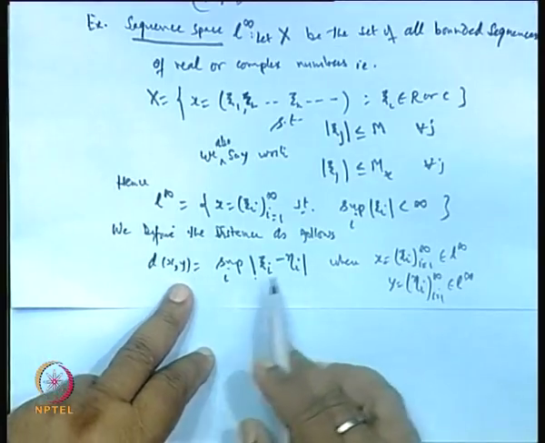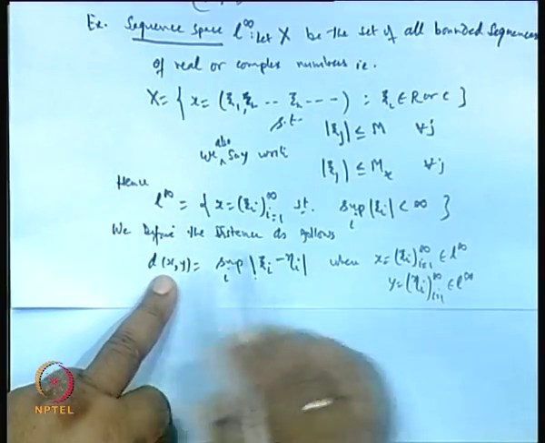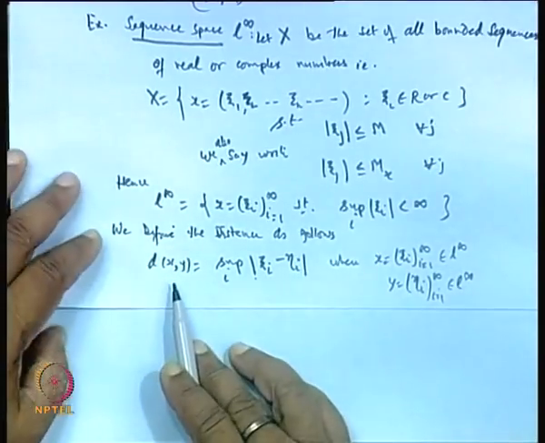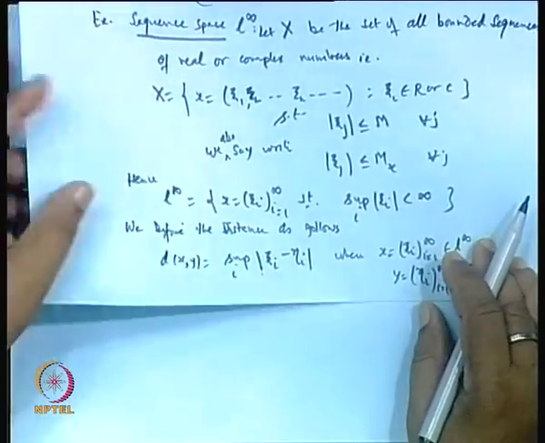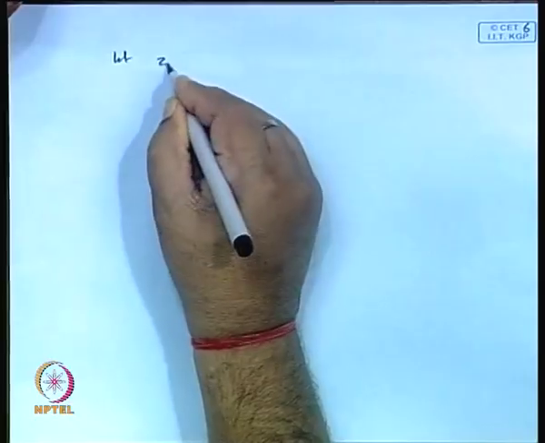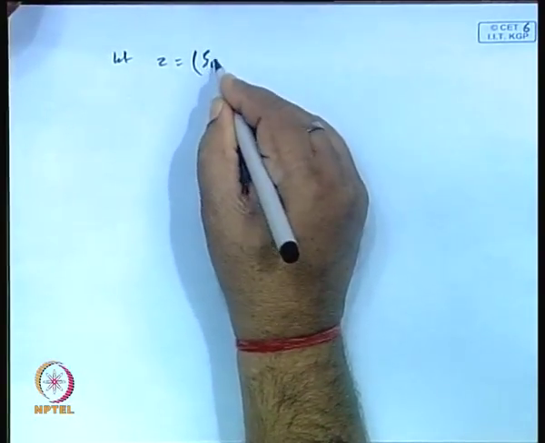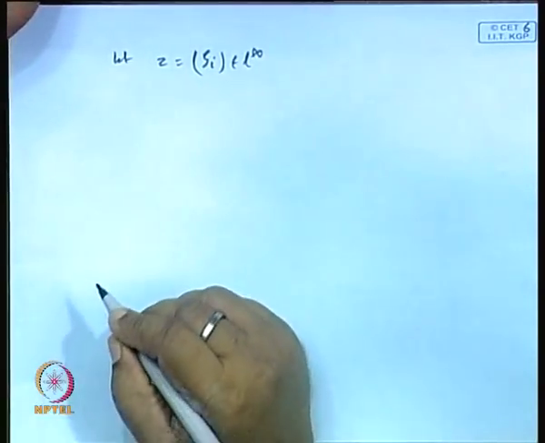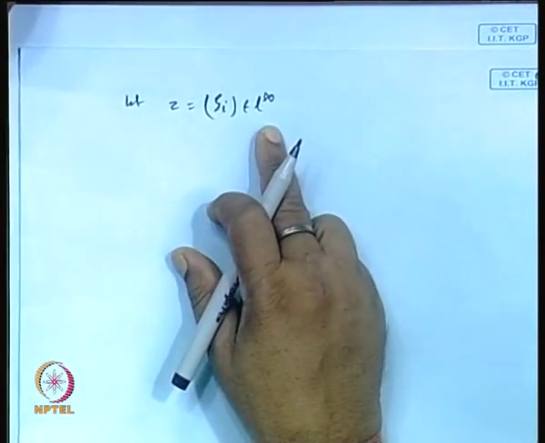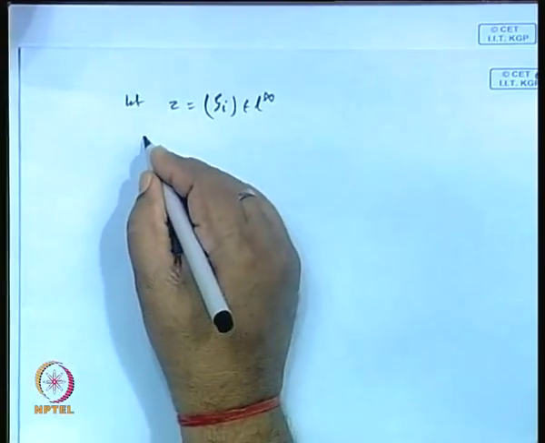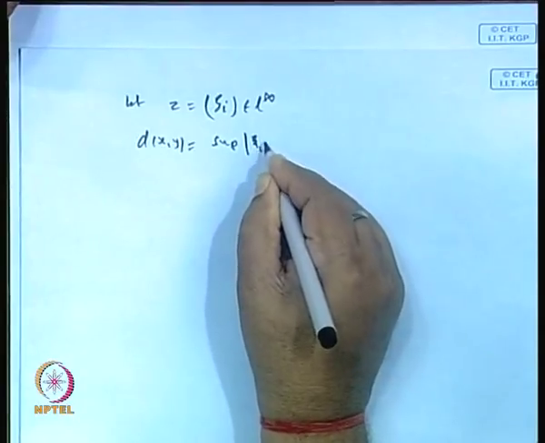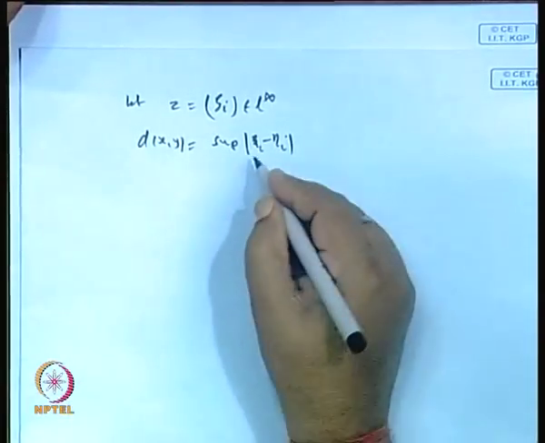Then d of x y is the same as d of y x, because there is nothing to prove, we are just interchanging and the mod is there, so the negative sign will be taken care of. Then d of x y is less than or equal to d of x z plus d of z y. So, let us consider a point z which is (zeta_i) belonging to L infinity, and consider d of x y, which is the supremum of |xi_i minus eta_i|.